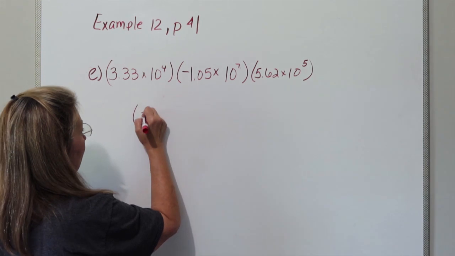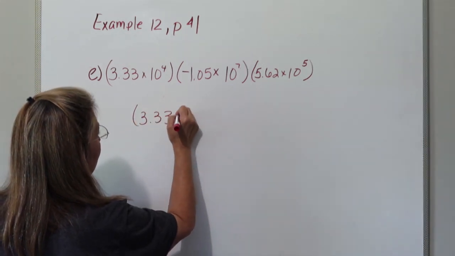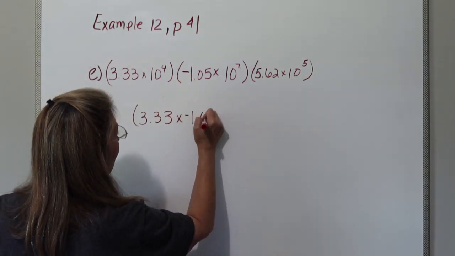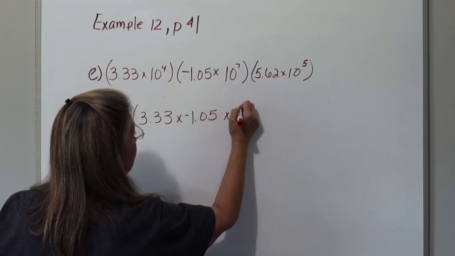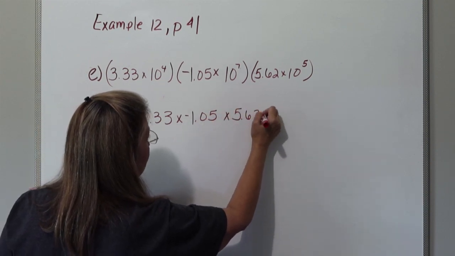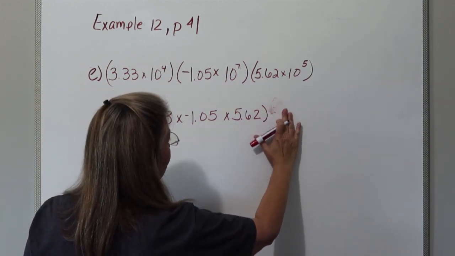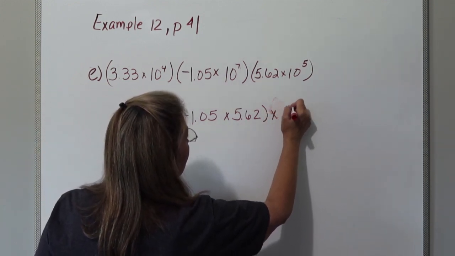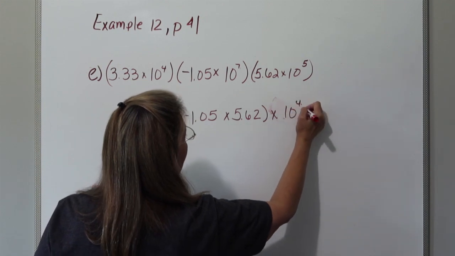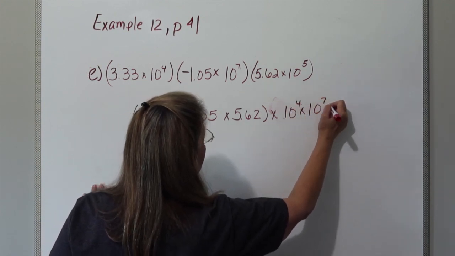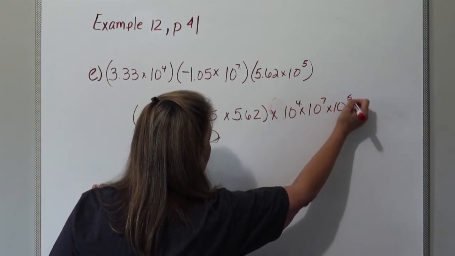So I'm going to have 3.33 times negative 1.05 times 5.62. Then all of that is going to be times 10 to the 4th times 10 to the 7th times 10 to the 5th.